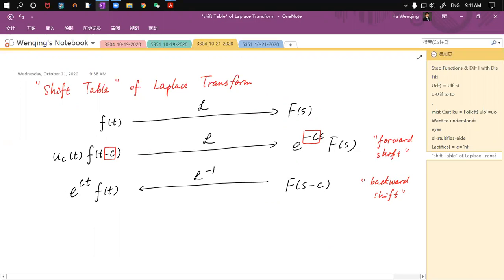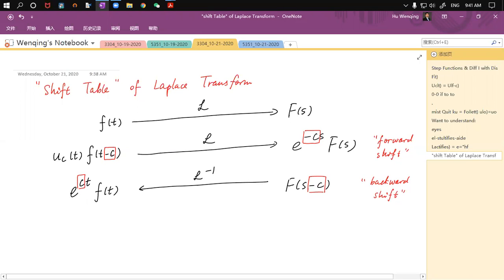That's common. However, the difference is that if you are doing a forward shift, then the minus c is kept as minus c. But if you're doing a backward shift, then the minus c becomes a positive c. So the forward shift and backward shift have different signs, right?